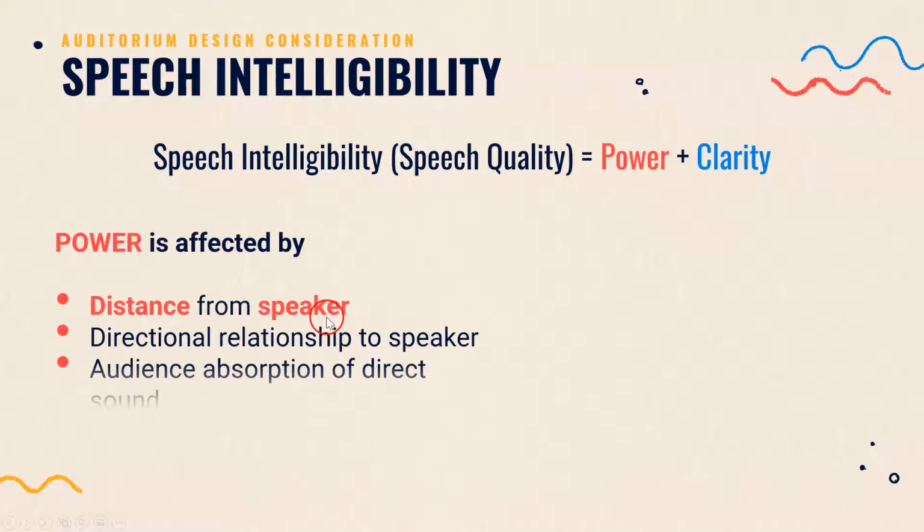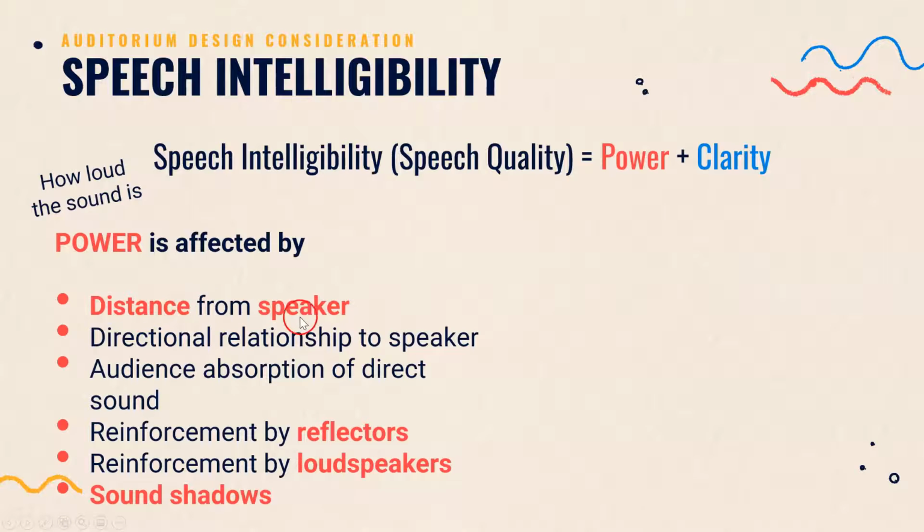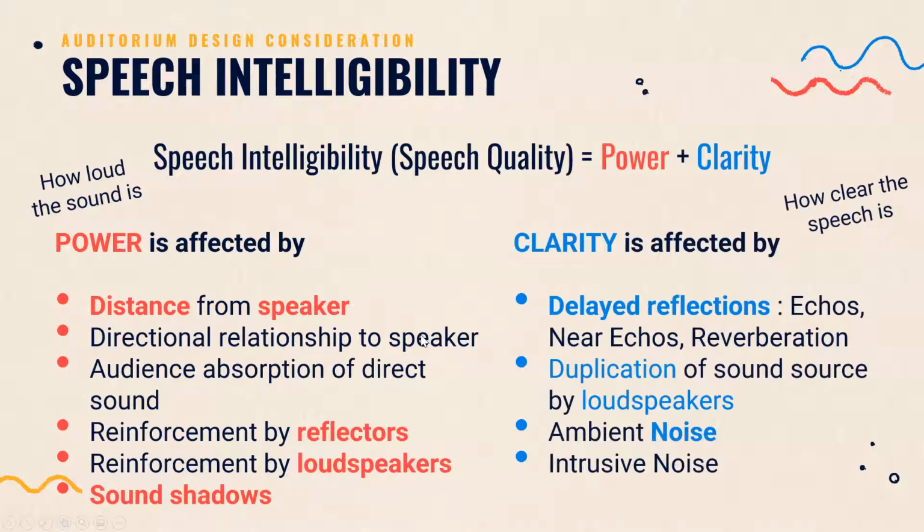Power is affected by distance from speaker, reinforcement by reflectors, reinforcement by loudspeakers, and sound shadows, and also others here, while clarity is affected by delayed reflections like echoes, reverberation, duplication of sound source by loudspeaker, ambient noise, and intrusive noise.